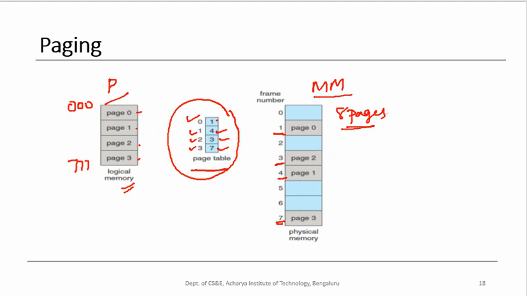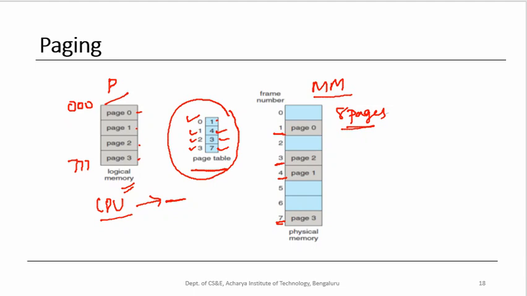So when a CPU running a process makes a request for some data or instruction in the main memory, part of the logical address generated by the CPU is used to index into the page table and get the frame number, and the displacement is used to get the appropriate memory location from the main memory.